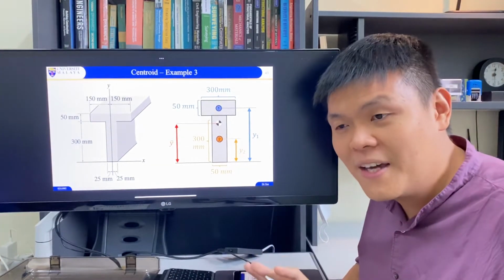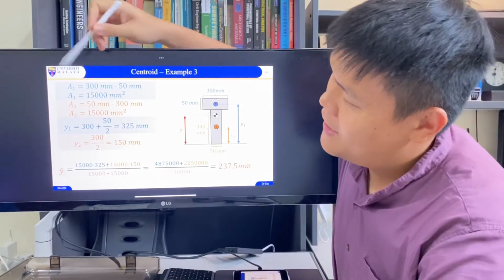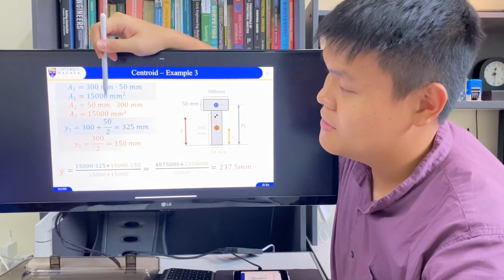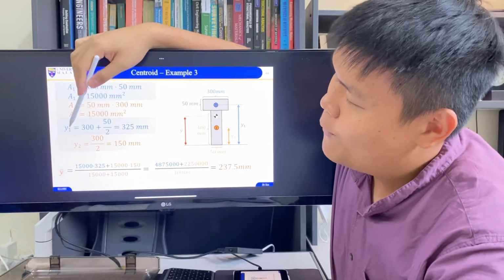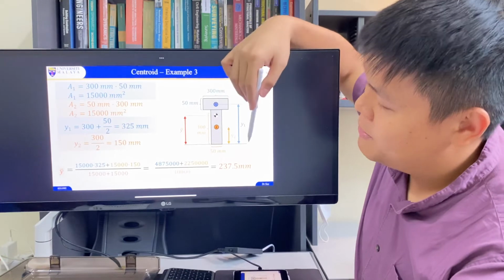So let's apply the principle that we just learned. Area of 1 is 15,000 millimeters square. Area number 2 is the same. Y1 is from here all the way to the bottom axis.